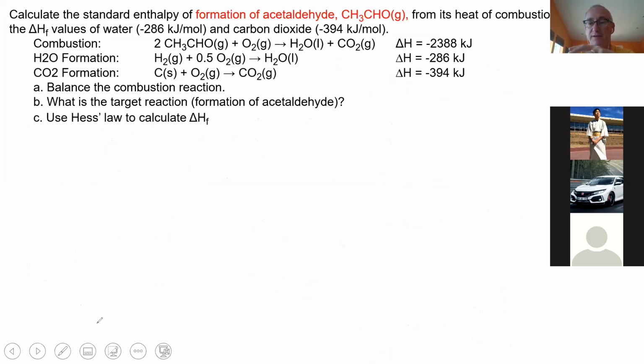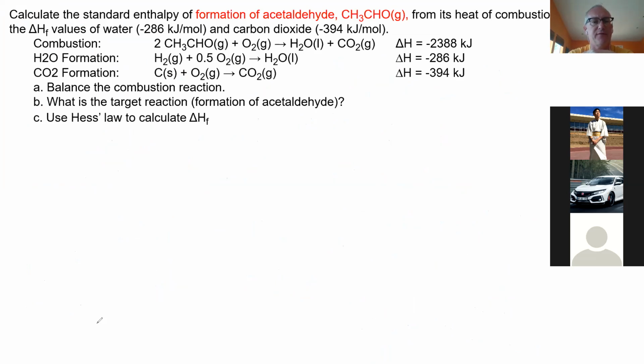Here again, there are some things you have to do before you even start the question. It's asking for the standard enthalpy of formation of acetaldehyde, and acetaldehyde is CH3CHO.